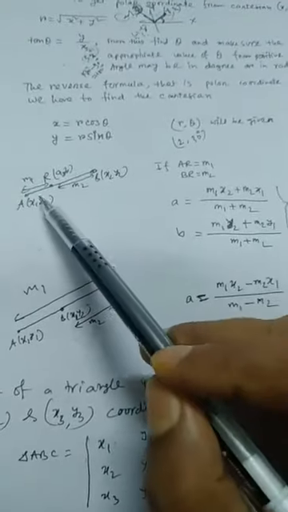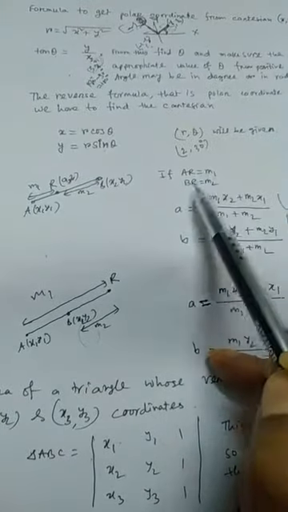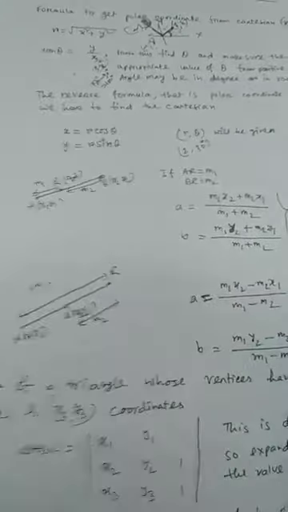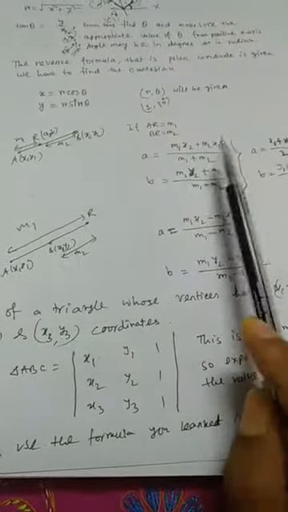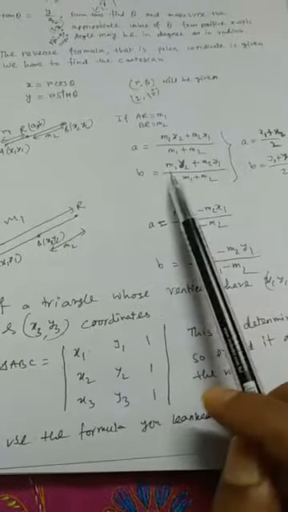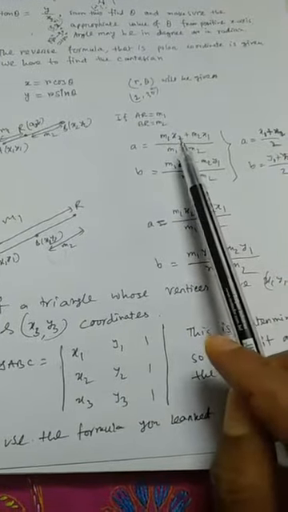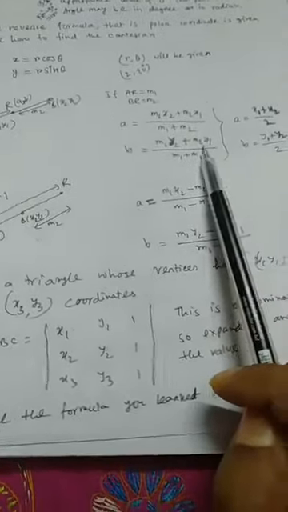Say the distance from A to R is m1 and from B to R is m2. In that case, the formula for the x-coordinate will be (m1x2 + m2x1)/(m1 + m2), and for the y-coordinate the formula will remain the same, just x2 will be y2 and x1 will be y1.